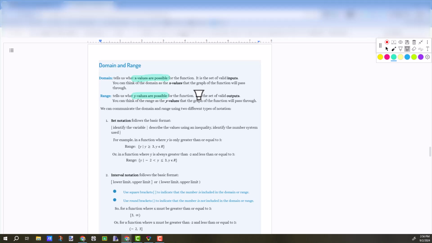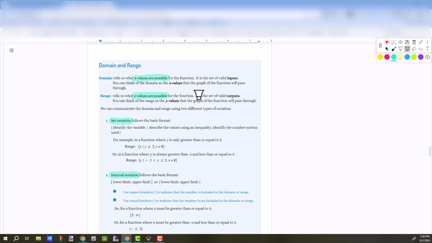So in this course, and this is really a bit of a refresher from 10C, we're going to be using two types of notation to write our domain and range. And heads up, I'm going to be a stickler for this. We need to make sure that we write these exactly in the right format.